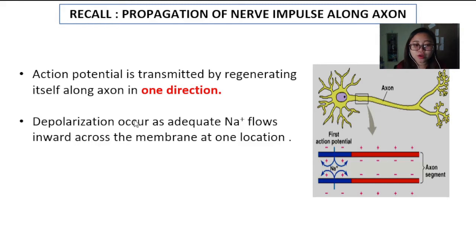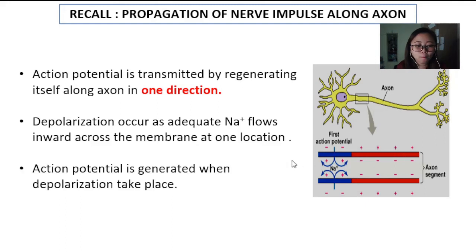Depolarization berlaku bila ada sodium ion yang masuk dan bilangan sodium ion yang masuk itu mestilah cukup. That's what adequate means, secukupnya in one location, di itu kawasan. An action potential is generated when depolarization takes place. So it's when the flipping of the charge happens, depolarization, baru kita akan ada action potential.